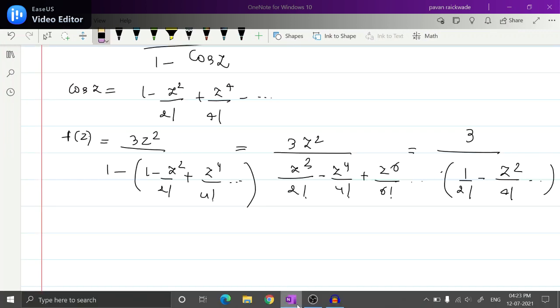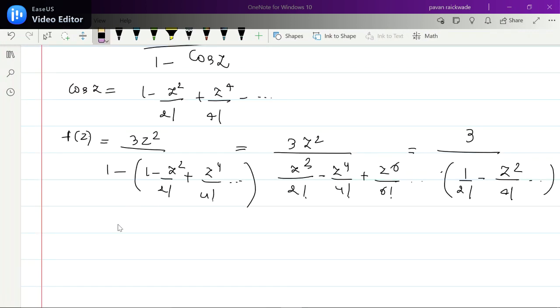So after this, this is simply 3 upon, I take 1 by 2 as common, so we are left with 1 minus z square by 4P2... okay, not this. This is nothing but 4 times 3, right?